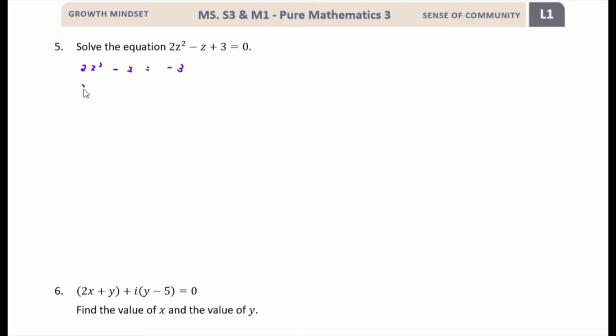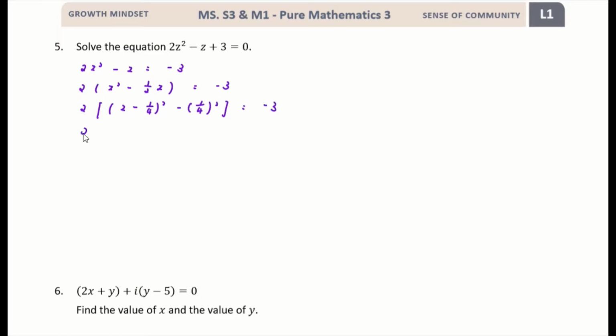All right, so let's factorize first. So take out the 2, so z squared minus 1 over 2z equals negative 3. Okay, so now we can carry out the completing the square. So I'll have z minus 1 over 4 squared minus 1 over 4 squared, okay, equals negative 3.